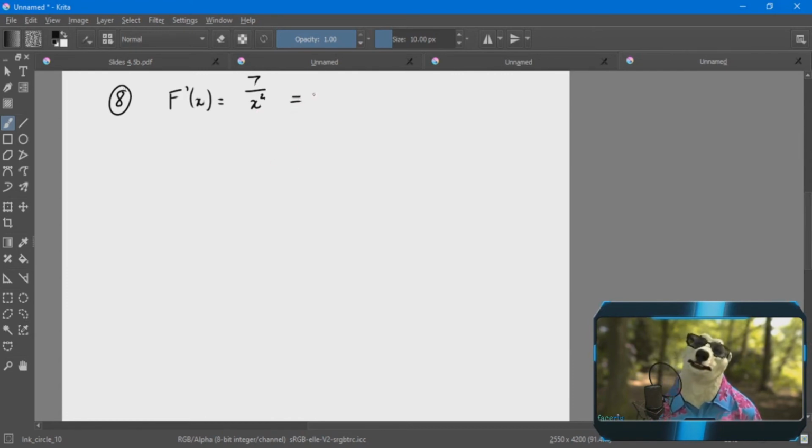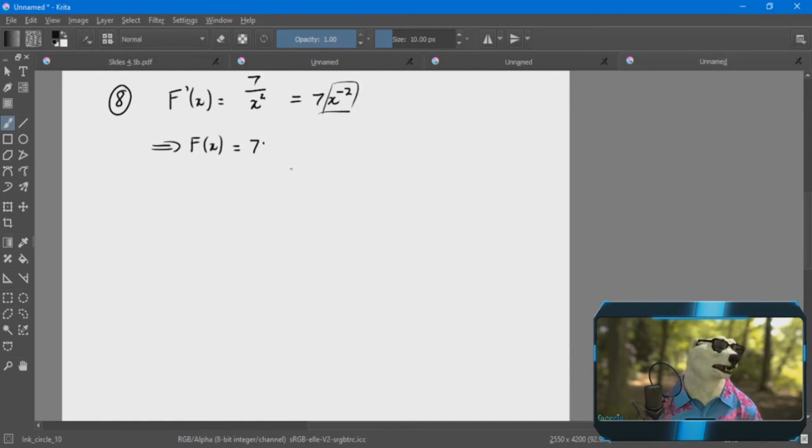But what I can do is write this as 7x to the negative 2. Then there shouldn't be any problem, because now I'm in power rule territory, and the power rule can be reversed quite easily. Well, easy enough compared to other fancier properties. The 7, I'm not loving the 7. I need to keep the 7 in front, but it doesn't have a role to play in my essence of the function, x to the negative 2.